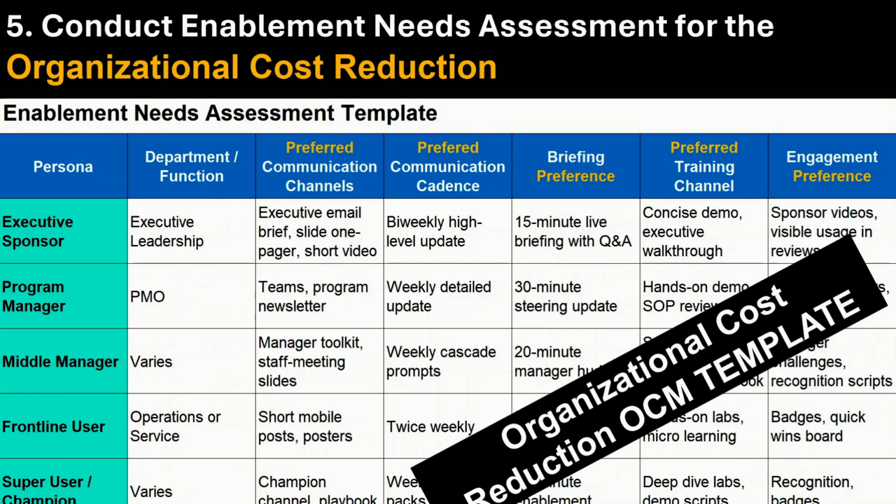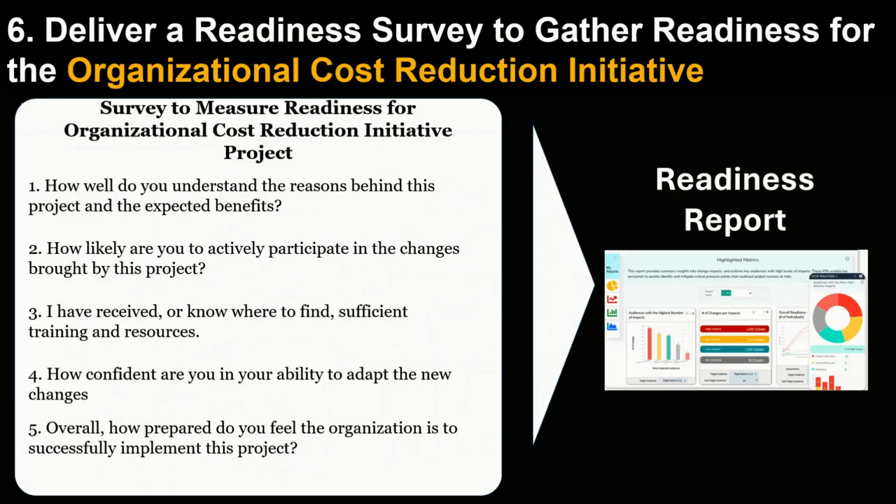You are basically identifying how each group prefers to receive change management, how they prefer to receive communications, any training, any engagements, any roadshows, right? So you need to ensure you are gathering preferences because when it comes to organizational cost reduction and optimization, one size does not fit all.